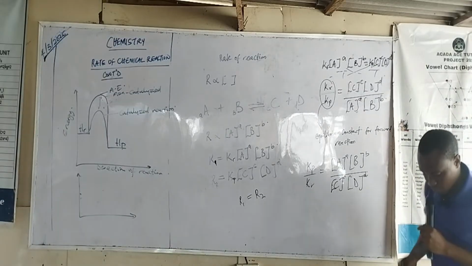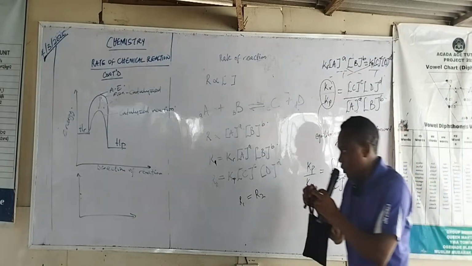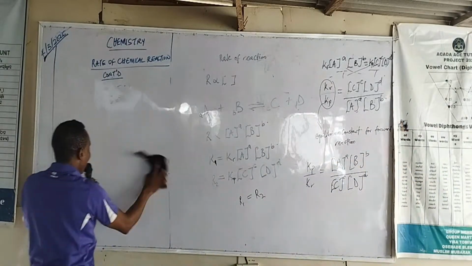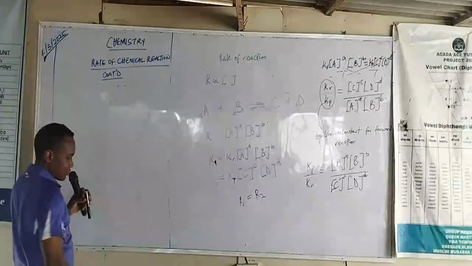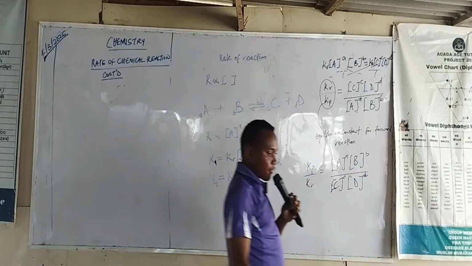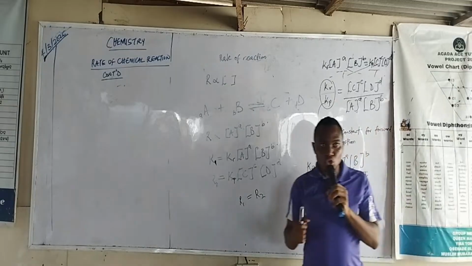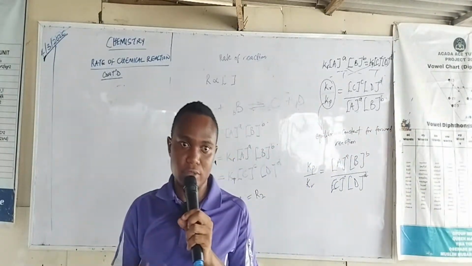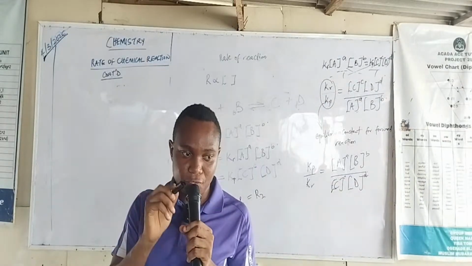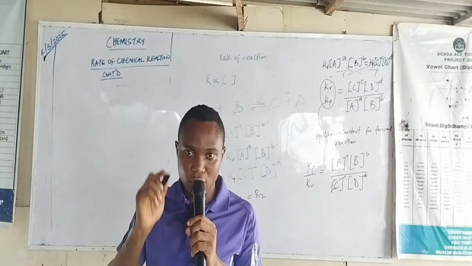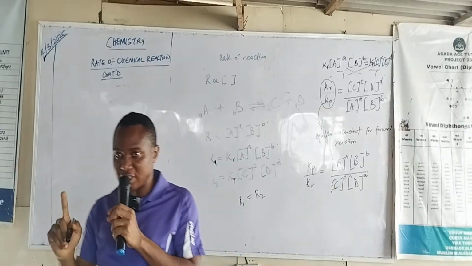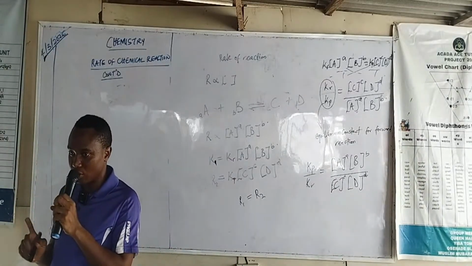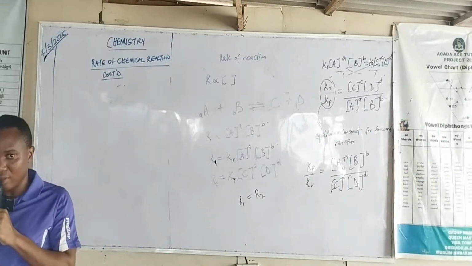Okay. Now, in terms of order of reaction, it is simple. Order of reaction is about what your rate of reaction actually depends on. It depends on the constant and also on the concentration that we have in the reaction.